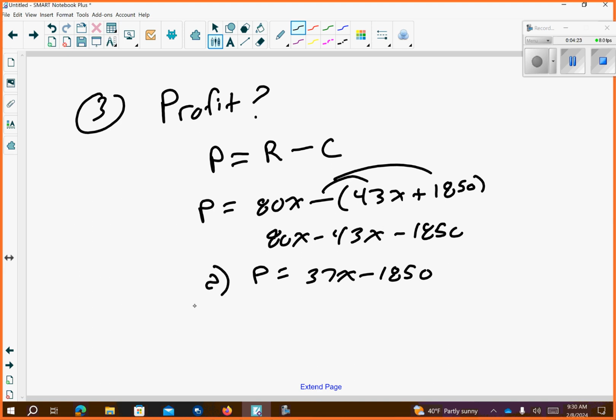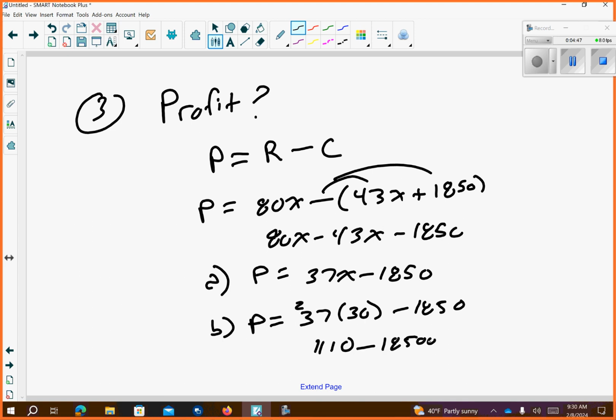And then what is the profit for 30 units? Interpret our results. So if I went to B and plugged 30 in, I've got to do mental math again. 37 times 30 is 1,110, minus 1850. Oh, too many zeros.